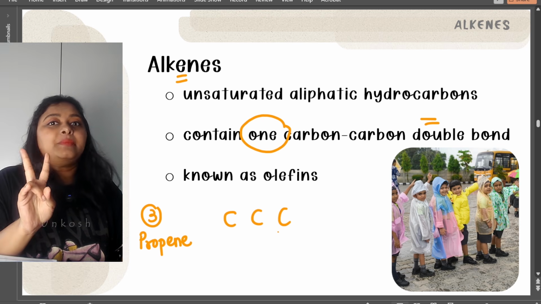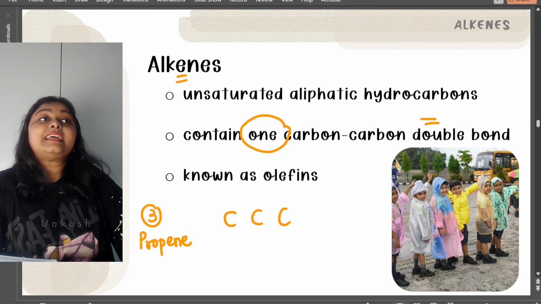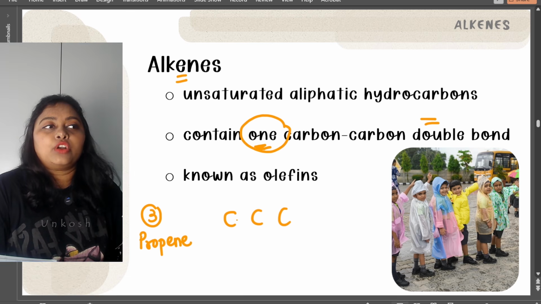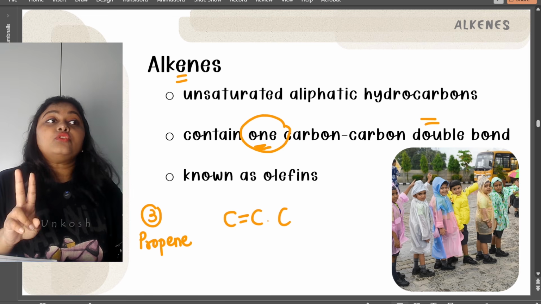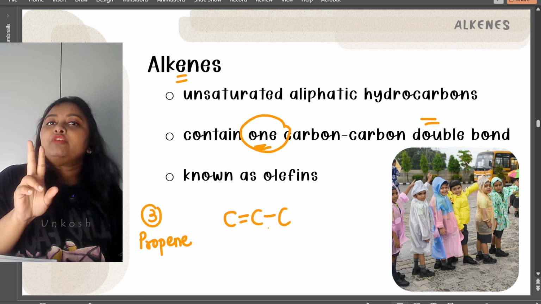We need to have carbon-carbon bonds, the catenation property, but since it is an alkene, it has got one carbon-carbon double bond. So any one of these 2 carbon atoms, for example, we can show a double bond. The rest of the carbon-carbon bonds will have single bonds only, all of them won't have double.